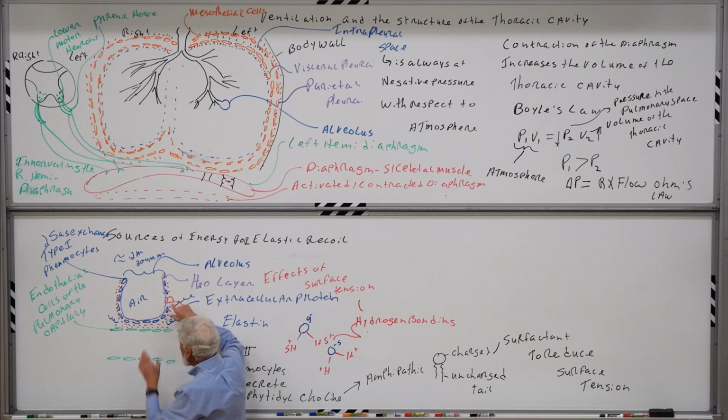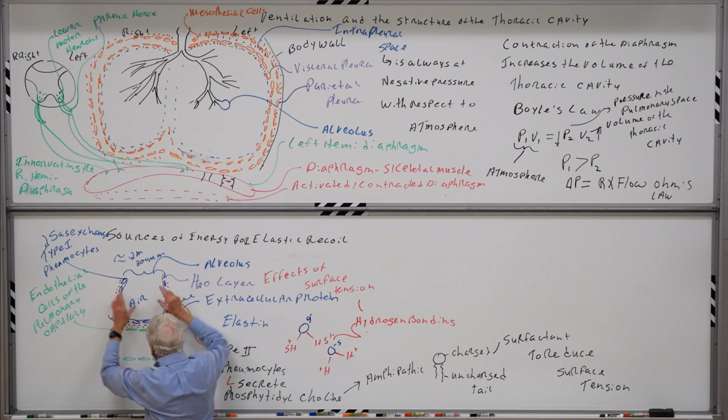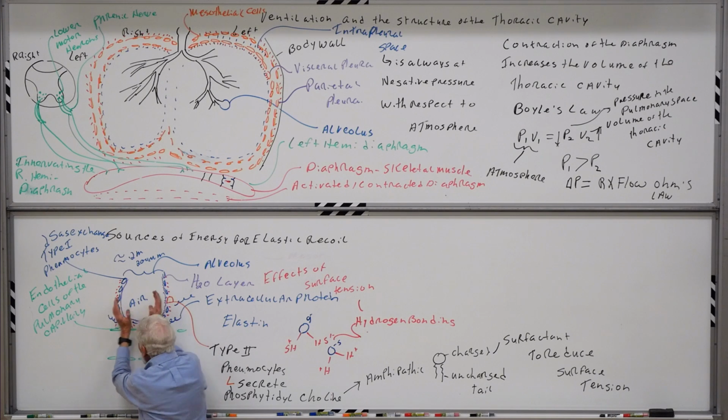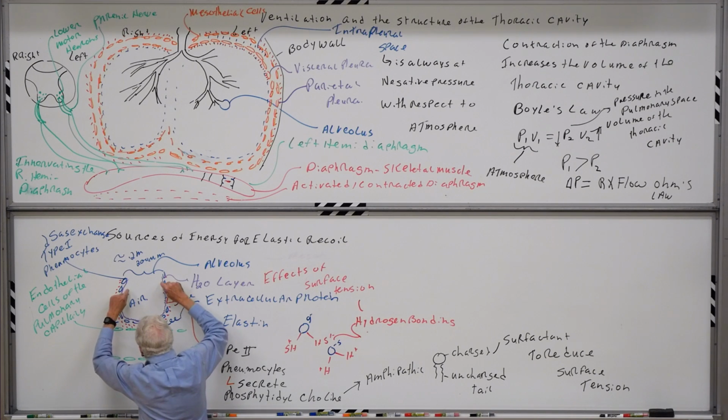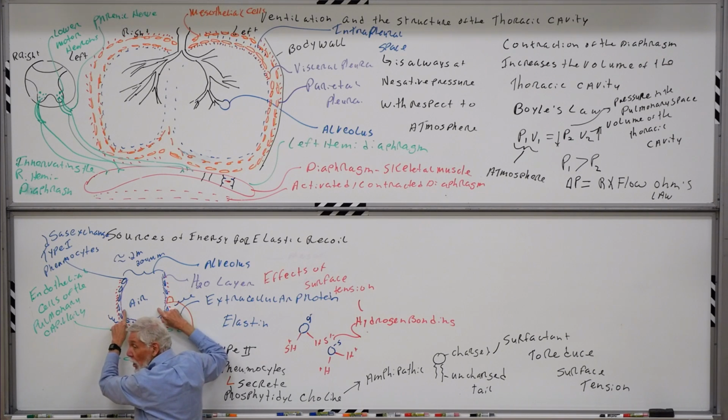So the concentration of surfactant goes down. As you expand the alveolar space, because we have a finite number of phosphatidylcholine molecules in here, the effect on the surface tension gets less and less.